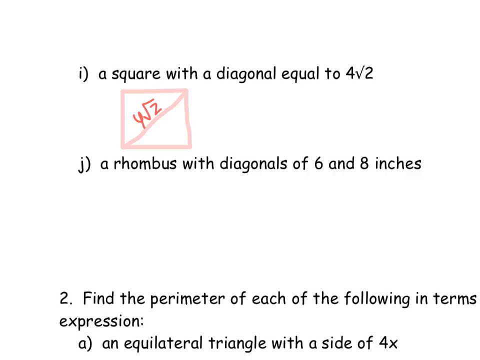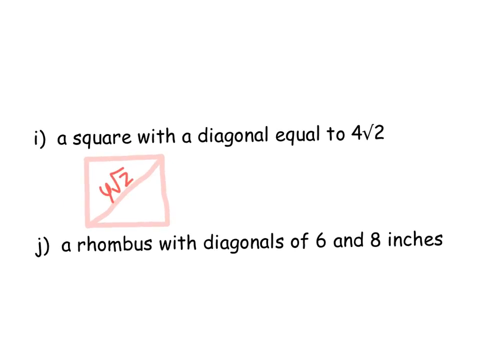That's going to be the main thing we need first before we try to figure anything else out. To make it a little easier, remember your 45, 45, 90 rules. Because it's a square, we know the sides are the same and consecutive sides are perpendicular, so that makes it a 45, 45, 90.